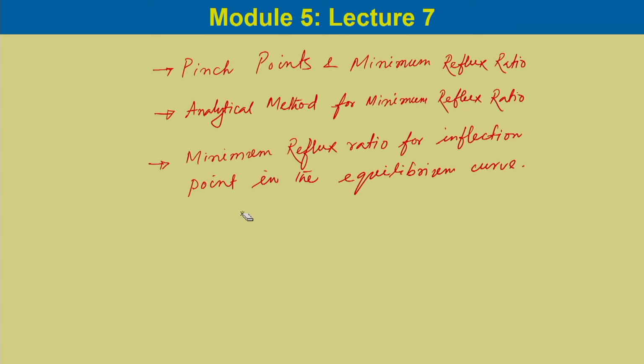And third thing, how to calculate the minimum reflux ratio for the equilibrium curve where there is an inflection point in the equilibrium curve. So, let us start with our first point, pinch points and minimum reflux ratio.